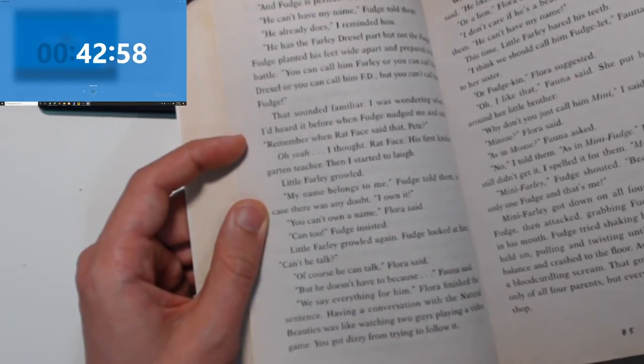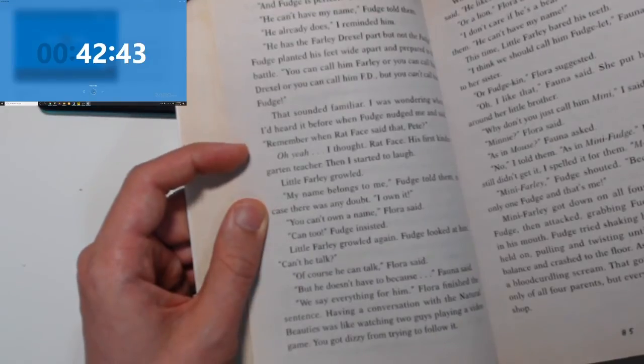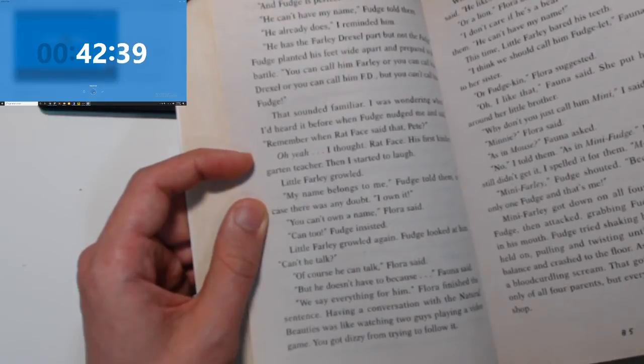And that sounded familiar. I was wondering where I'd heard it before, when Fudge nudged me and said, "Remember when Ratface said that, Pete?" Oh yeah, I thought. Ratface, his first kindergarten teacher. Then I started to laugh.